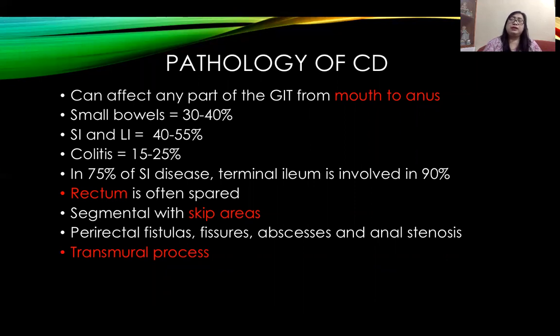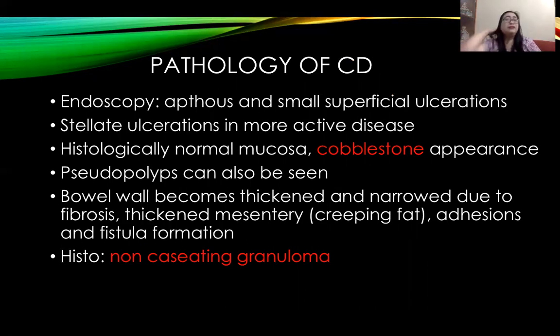And what you see, the lesions are said to be segmental or with skip areas, unlike your ulcerative colitis, wherein you have a continuous lesion. Okay? Your perirectal fistulas, fissures, abscesses, and anal stenosis are common in Crohn's disease more than your ulcerative colitis. And what you see is a transmural process. By endoscopy, what you see are obtuse and small superficial ulcerations.